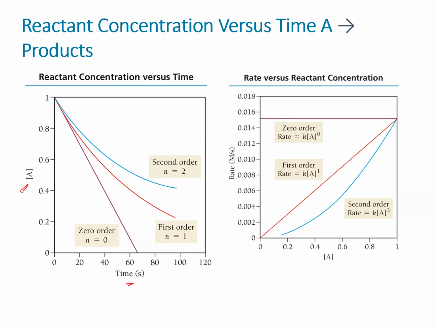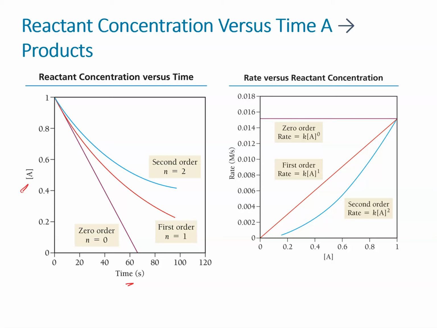So let's see here. Just graphically, going back to the left side, if we're looking at the concentration of A versus time, zero order reaction where n equals 0, rate doesn't change when we change concentration. Notice the line is the same slope regardless, right? Remember, slope is going to be an expression of change of A over change of time.